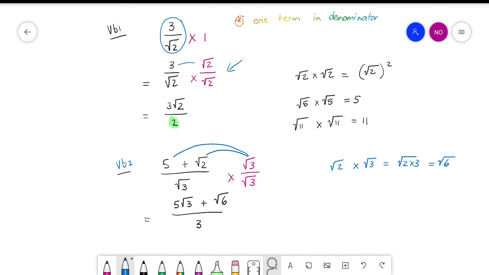Do you agree? And below we said root 3 times root 3 is just going to give me 3. So have we fixed our problem? What type of a number do we have in the denominator now? A rational number. And if you want to test yourself, type it into your calculator.